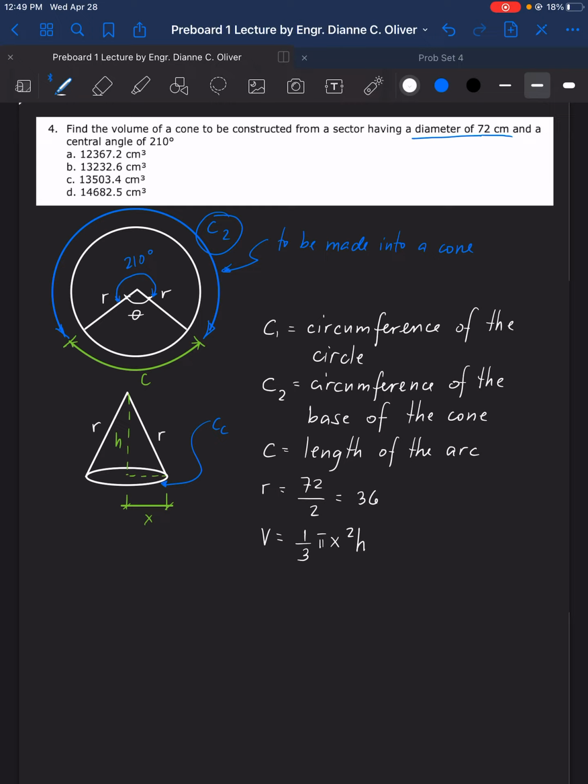What we're missing here is the value of x and the value of h. So, how do we find the value of x and h?